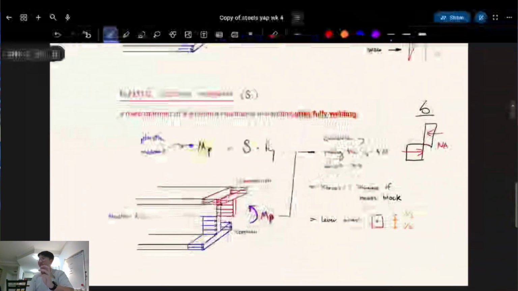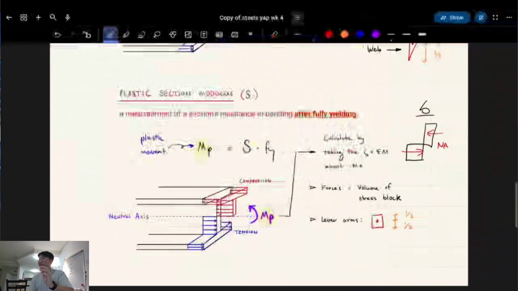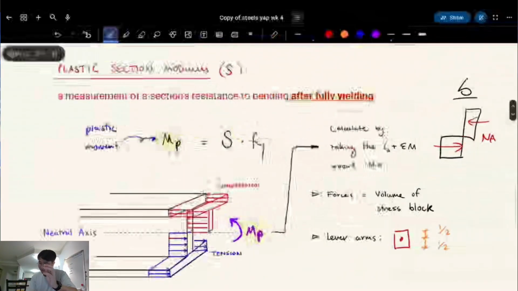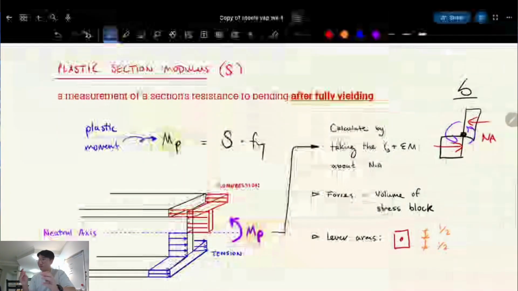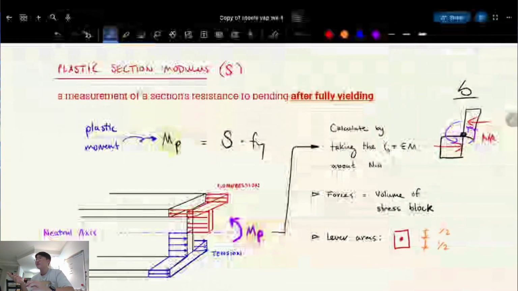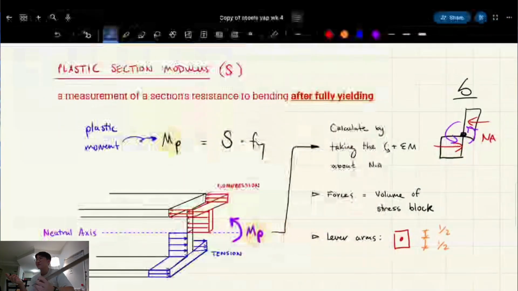Yeah, the concrete way. That's not F over A though. Isn't it force times distance? Like the cumulative force times the distance? You have to take this moment couple. Yeah, that's force times distance. Kind of, but it gets more complicated if you have an unsymmetrical shape and stuff like that.